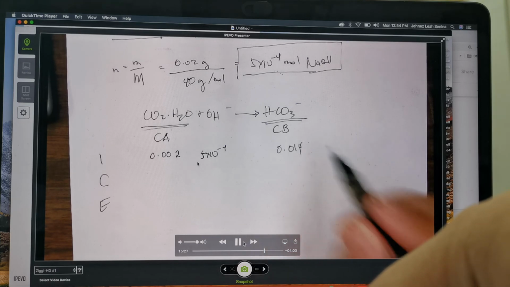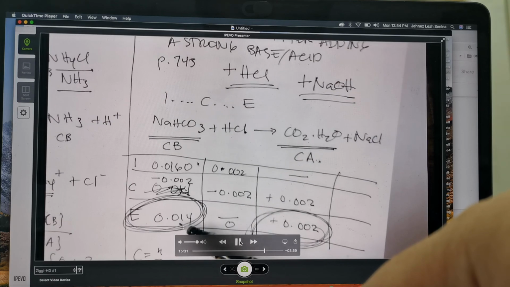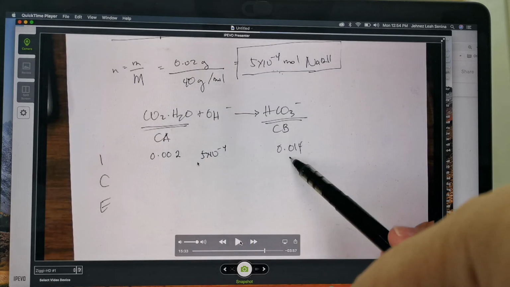My file is broken, so let me just explain to you. The change is minus 5 times 10 to the negative 4, minus 5 times 10 to the negative 4, plus 5 times 10 to the negative 4. Then you get your equilibrium moles.